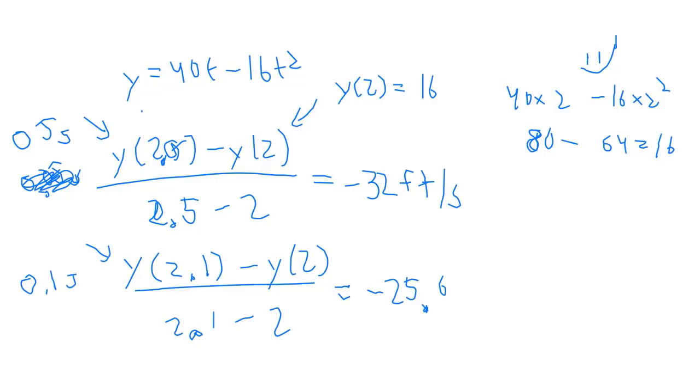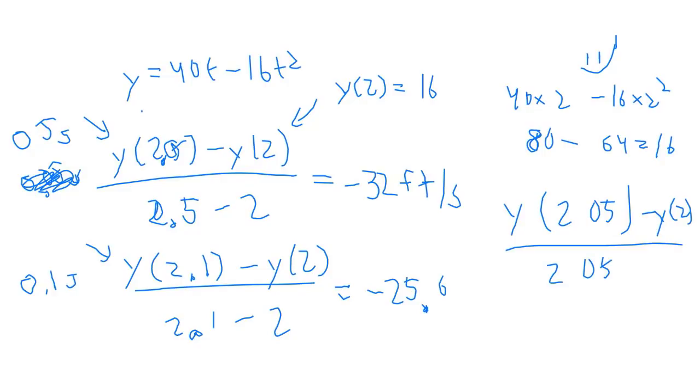And you would do that also for y of 2.05 minus y of 2 over 0.05, minus 2. And that continues, and eventually you'll get some sort of number that corresponds to the velocity.